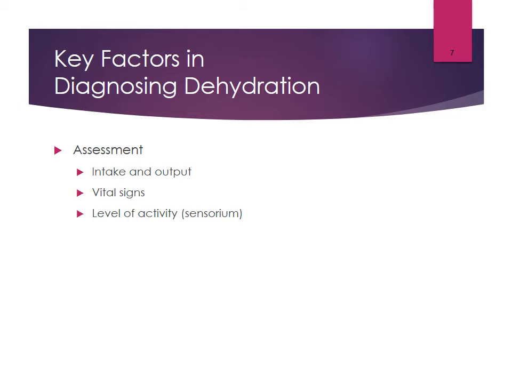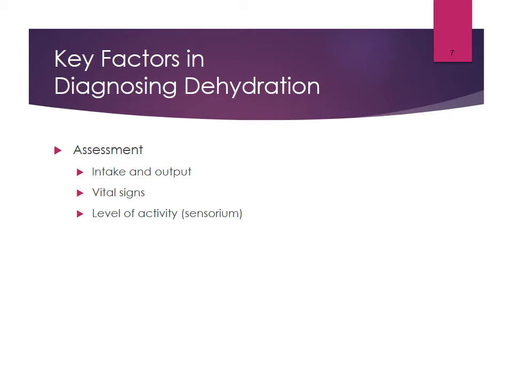Urine output is something that you need to know the values for, in terms of minimum urine output. When we talk about infants and toddlers, 2 to 3 milliliters per kilo per hour is the minimum urine output requirement. For preschoolers and young school-age children, it's 1 to 2 milliliters per kilo per hour.